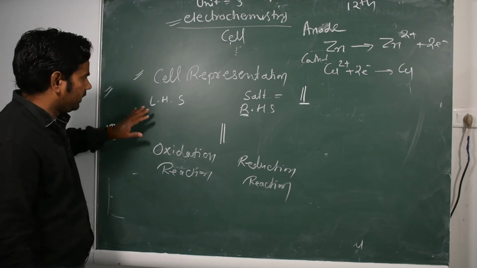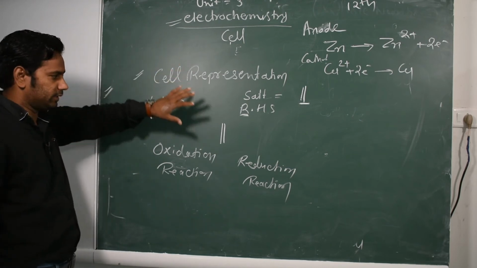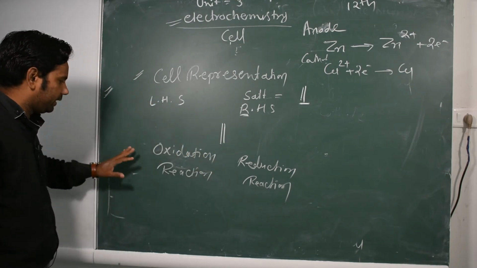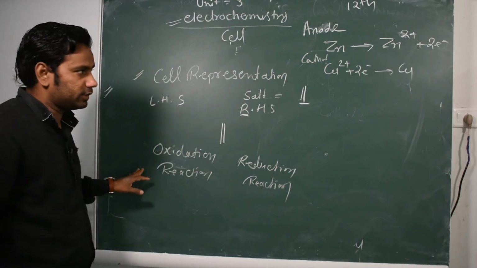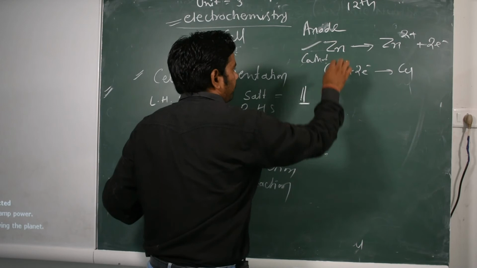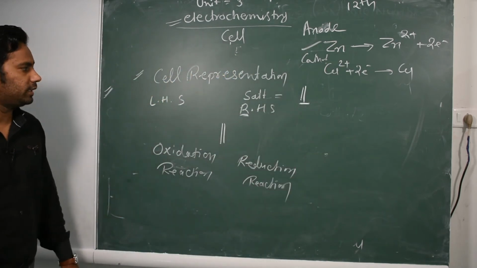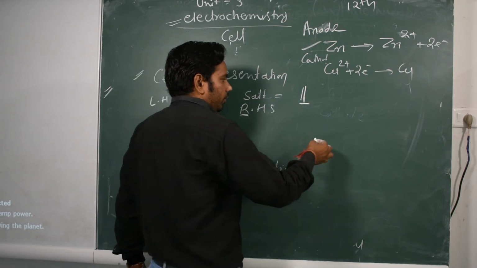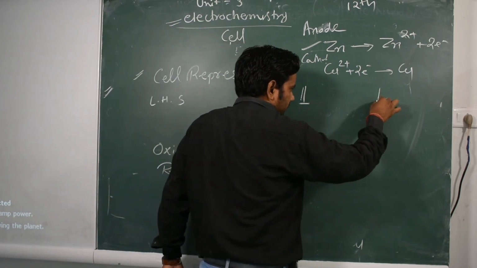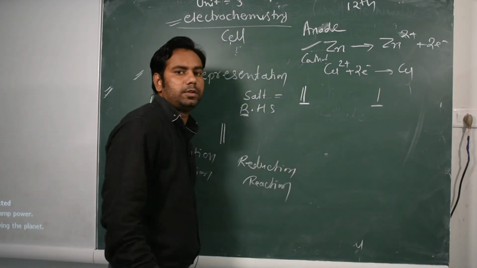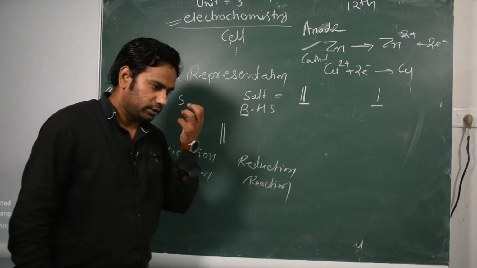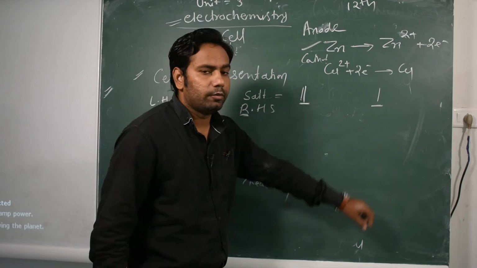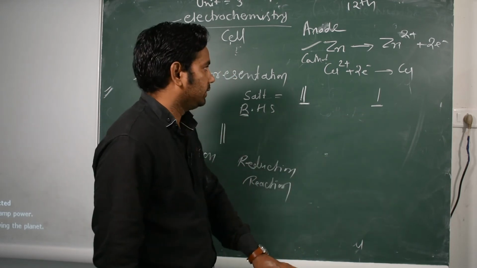So in cell representation we mention the salt bridge, and on the LHS we write the oxidation reaction. But how is it written? Again, we use one vertical line for a change of phase, a change of state.